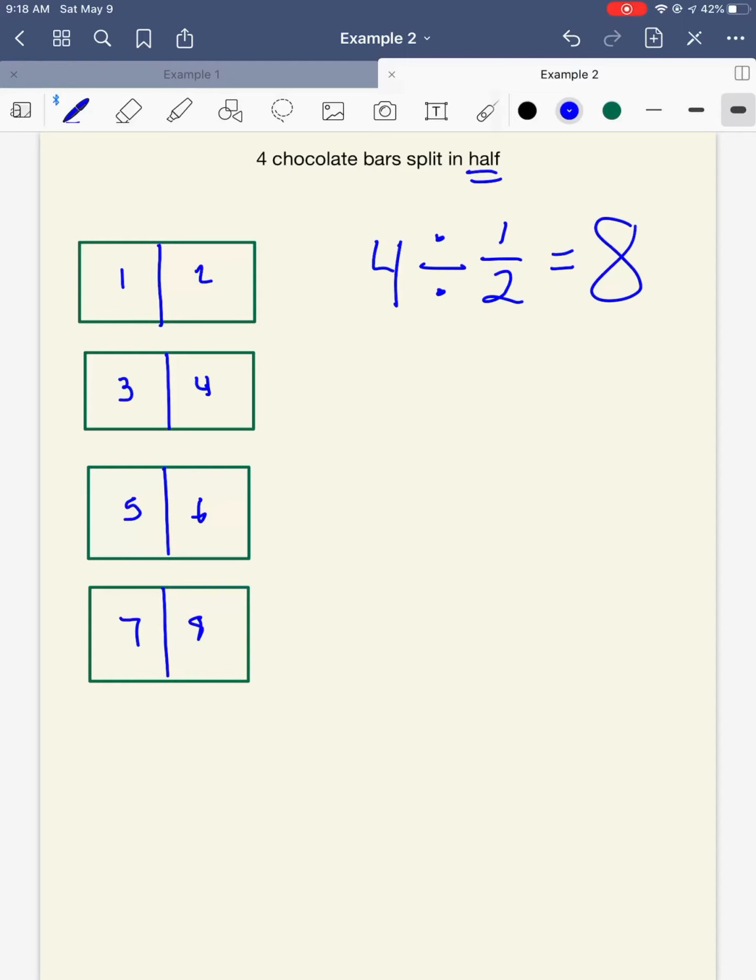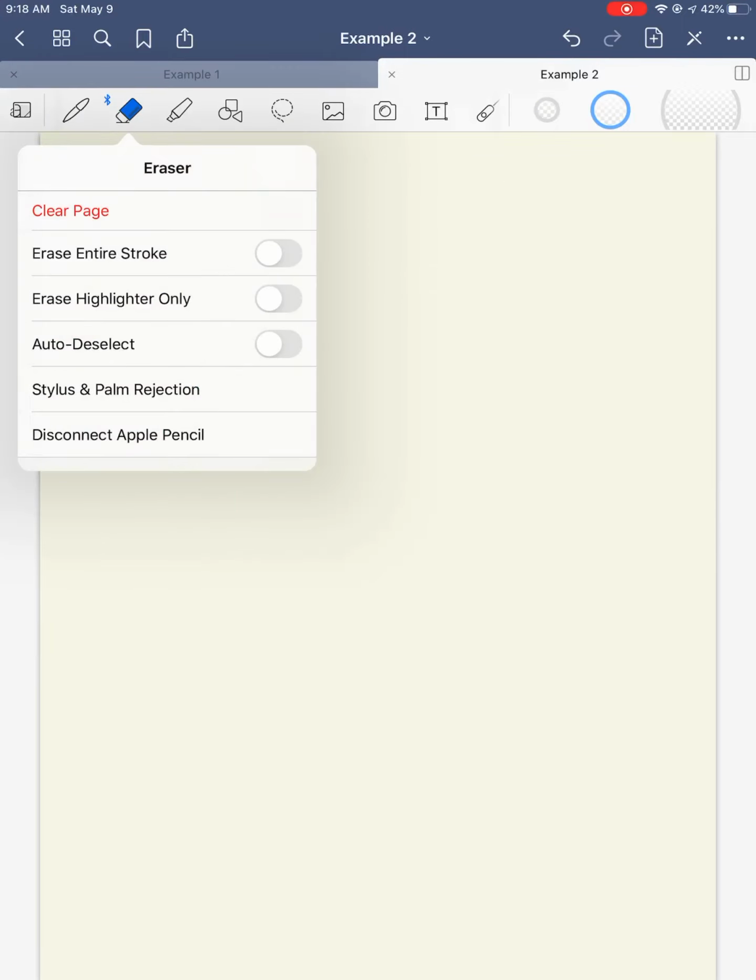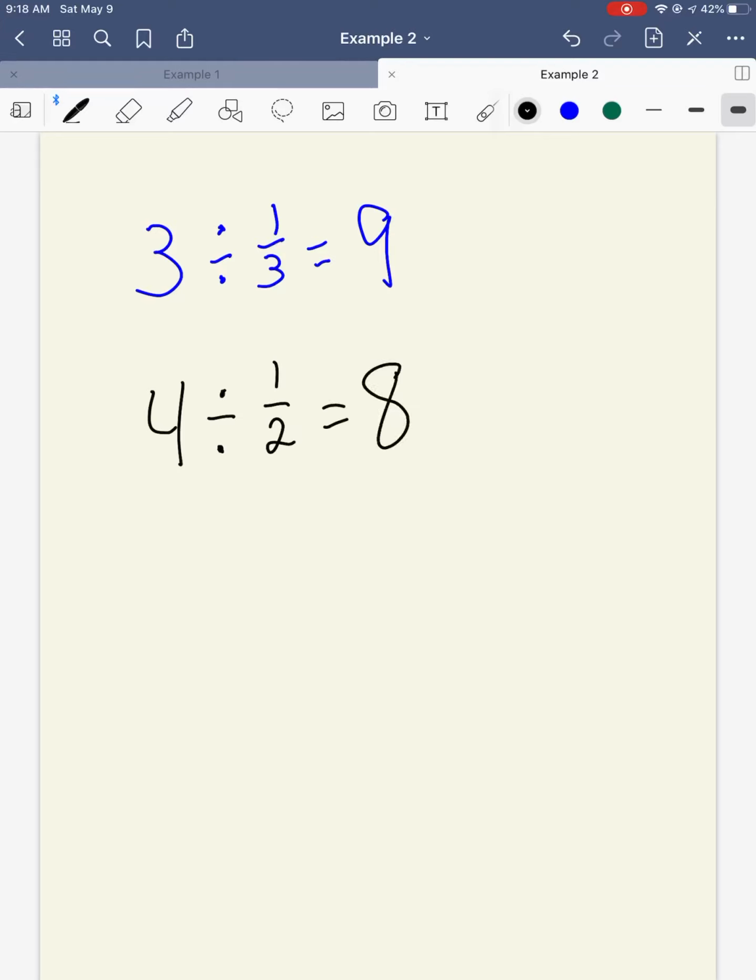So if we take a look, I guess we'll just clear the page here and take a look at our first 2 examples. So we had 3 divided by 1/3, and that gave us 9 parts. That was our brownie. And the one we just did, I'll switch colors, we just had 4 chocolate bars split in half, so divided by a half, and that gave us 8.